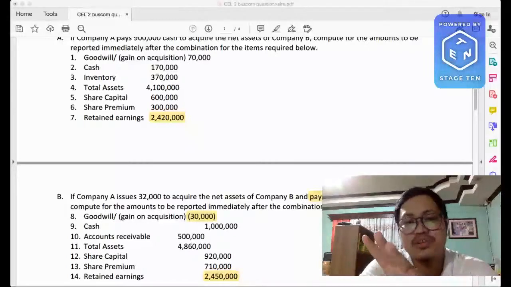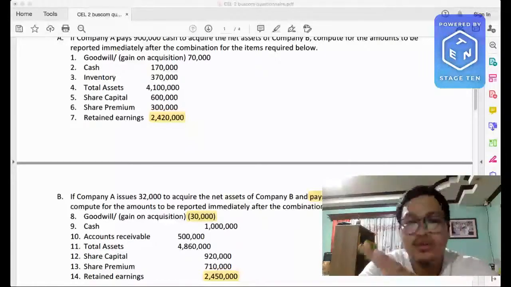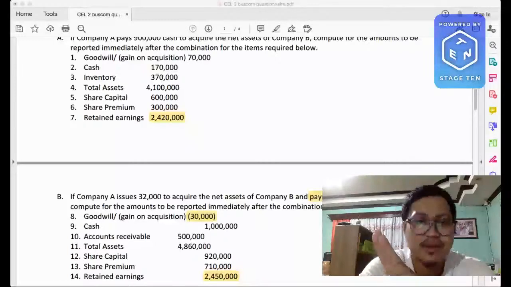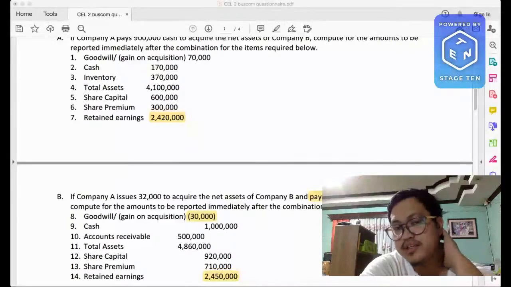Only when the consideration is in terms of shares. What is the scenario in which these three could be present in the problem, class? It can happen if the consideration is partly in cash and partly in shares. That's possible if the consideration is mixed.